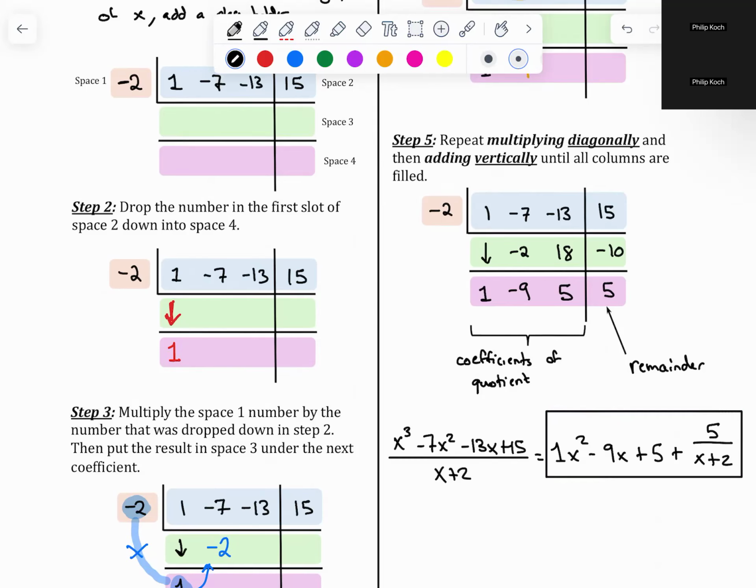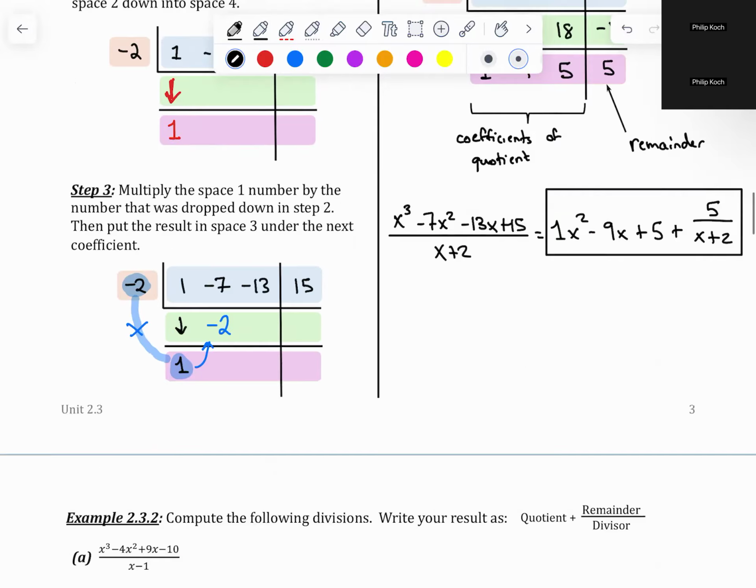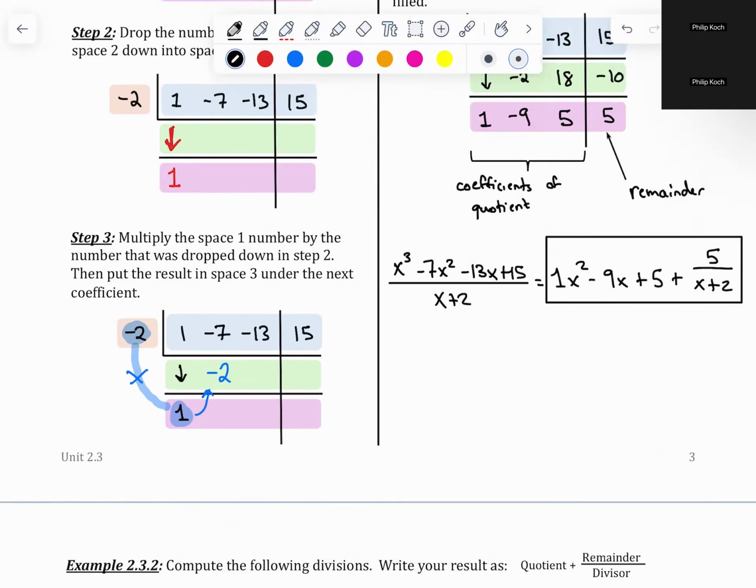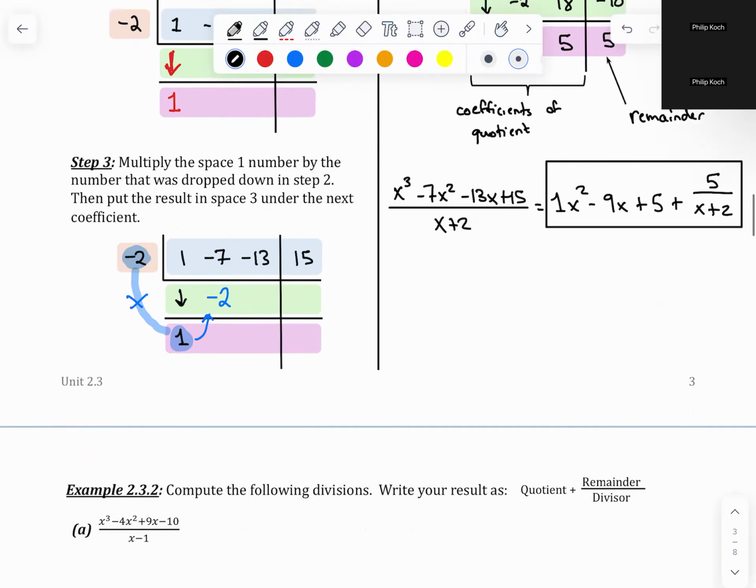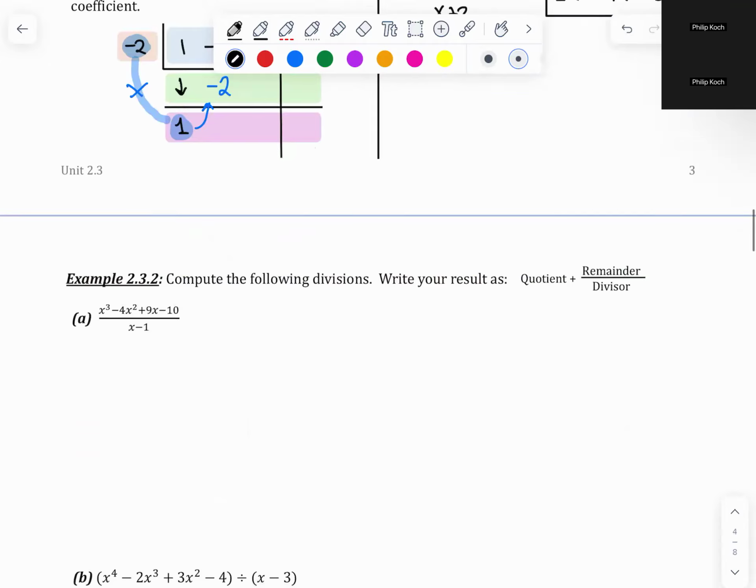That is the process. It's all about bringing the first number in the first column down, then multiplying diagonally, adding vertically until you finish it off. It's a very, very iterative process, and I want to show you how fast it can be. Does anybody have any questions? So this one right here, x cubed minus 4x squared plus 9x minus 10 divided by x minus 1.